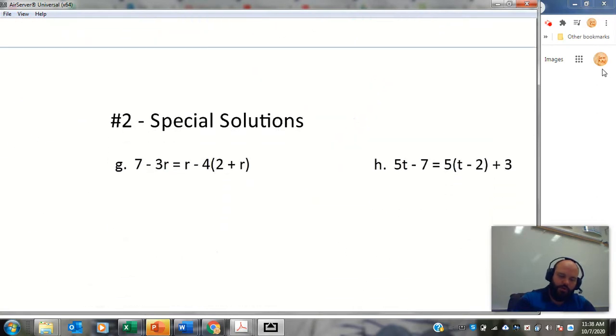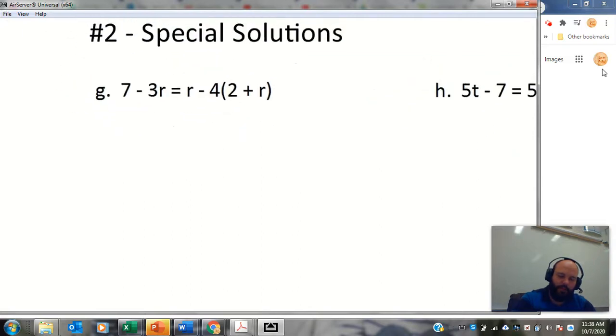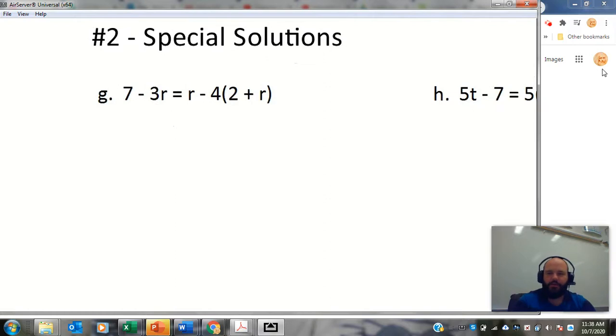All right, so I have two more to show you. These are special solutions. Okay, so there can be other kind of funky stuff that happens when you try to solve these. So I'm going to show you a couple examples of that. So once again, I'm drawing my line where the equal sign is first. I want to look at the left-hand side. Is there anything over there to simplify?